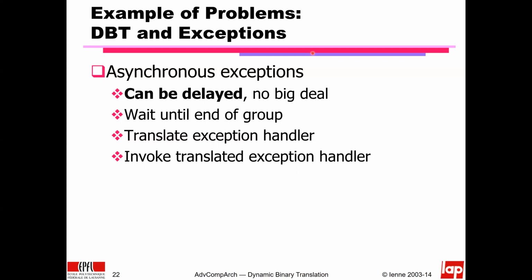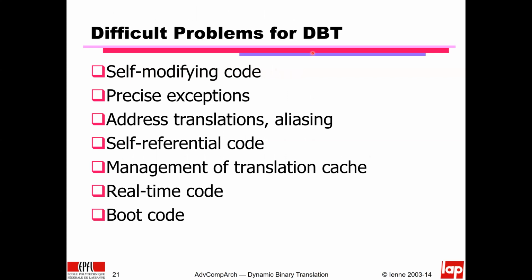The real problem that we had when we said precise exceptions, including in static translation, is that the semantics of the exceptions could be different, especially in the case of synchronous exceptions, like a TLB miss, not the TLB miss that I just introduced myself for the self-modifying code, but a real, typical page fault that may happen in the architecture.